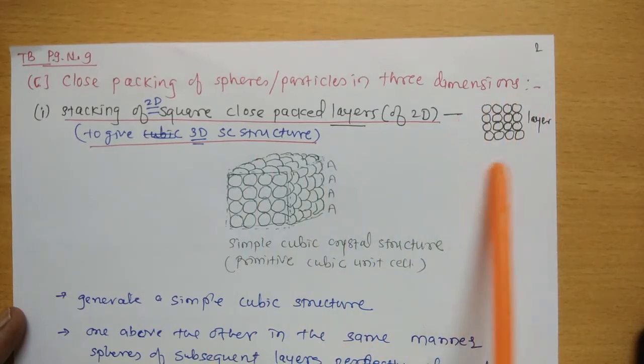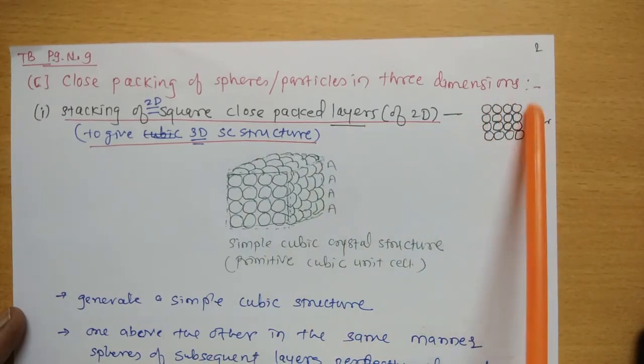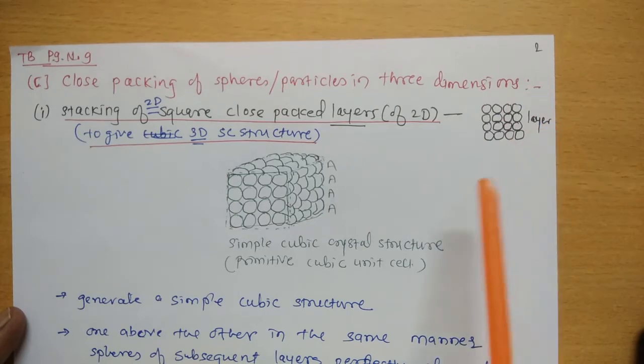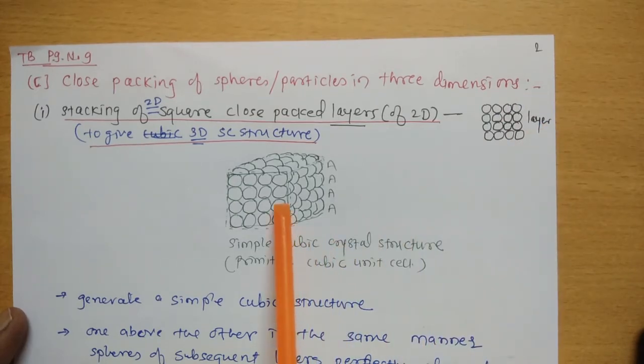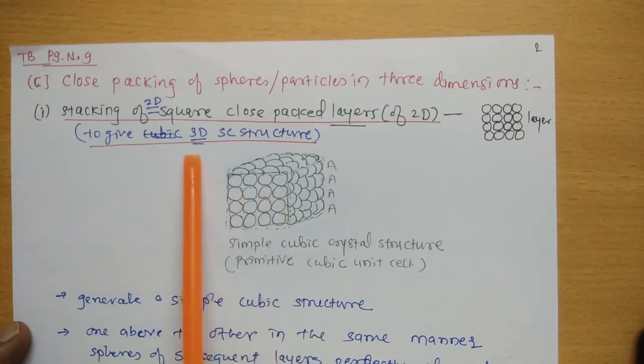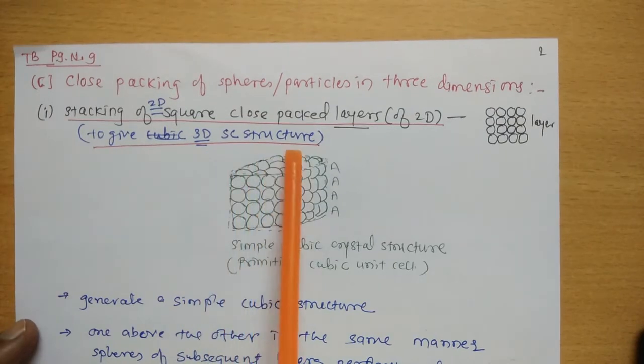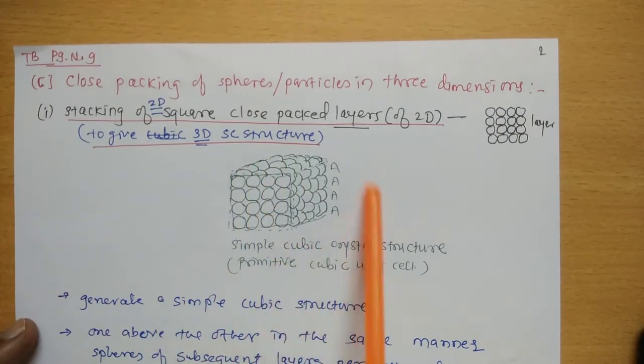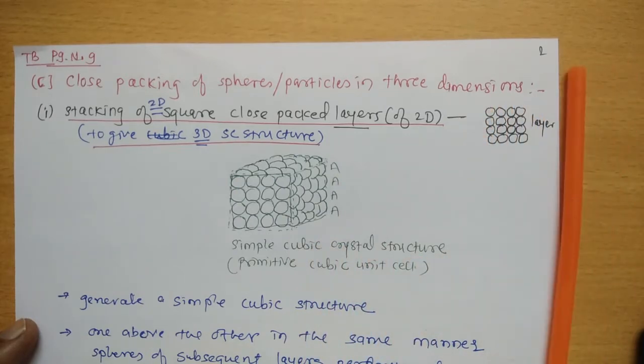So this type of square close packing structure in two dimensions, these layers are placed one above the other to give a three-dimensional simple cubic structure. How this three-dimensional structure is formed from the two-dimensional layer, you just see the short video here.